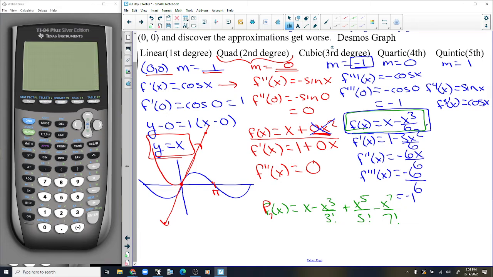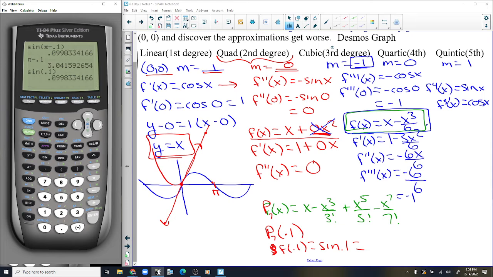Let's find P sub 7 of 0.1, and we'll compare that to f of 0.1. So sine of 0.1 is 0.099833466.